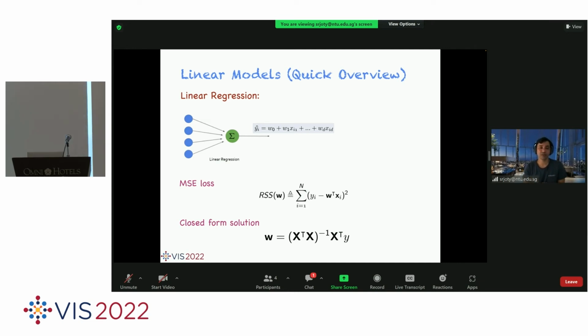The way we define the model is a linear combination of the weights and the features, and then we try to minimize the mean squared error. You can show that the weights we are trying to learn can be expressed in closed form like that, or you could also use gradient-based methods to solve this MSE loss.